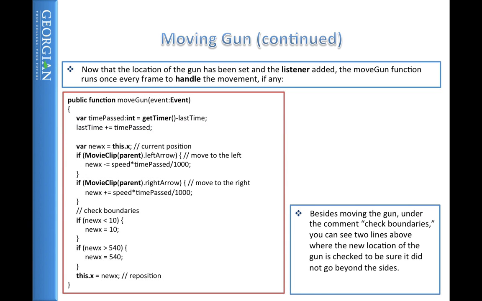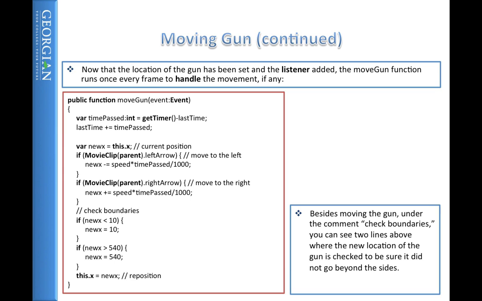Okay, that's one part of the gun. The other part is the move gun. In every enter frame event, we're going to check to see if the player pressed the buttons to move the gun. Depending on whether I've clicked the left arrow or the right arrow, I'm going to go up one to my parent class, which is airraid.as. We're going to use the left arrow method.